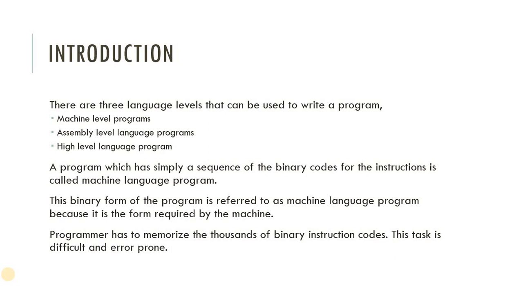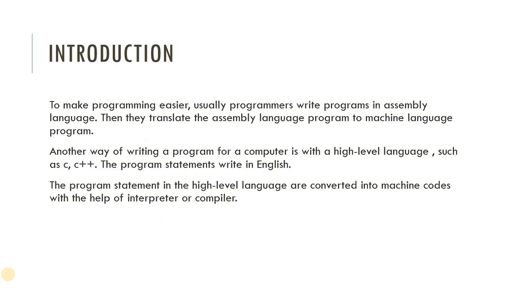So it is very difficult for any programmer to write machine level programs. To make programming easier, usually programmers write programs in assembly language, then they translate the assembly language program to the machine language program. So this is the second language with which we can write a program.